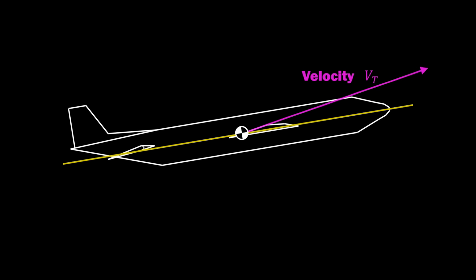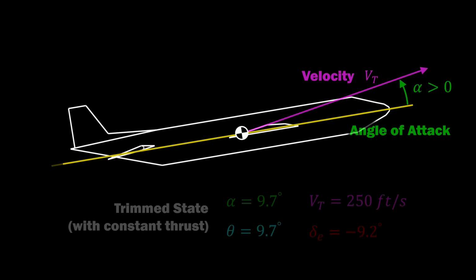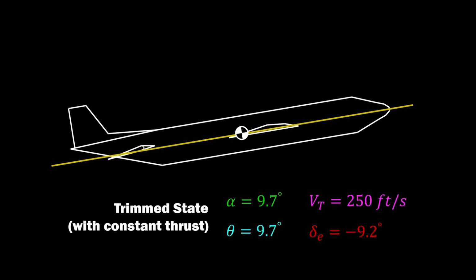And the angle of attack is between the body axis and the velocity vector. Finally, we're going to develop and analyze the pitch rate controller from a steady and wings level trimmed state, pitched up 9.7 degrees and flying at 250 feet per second forward.